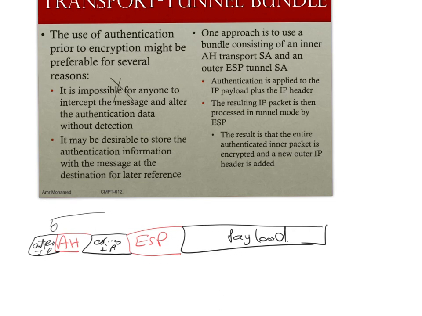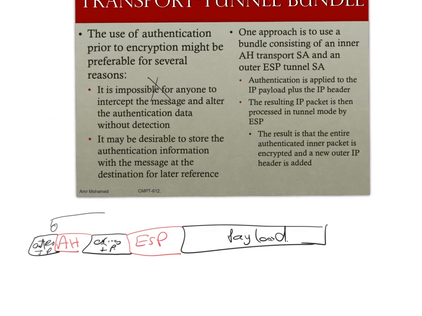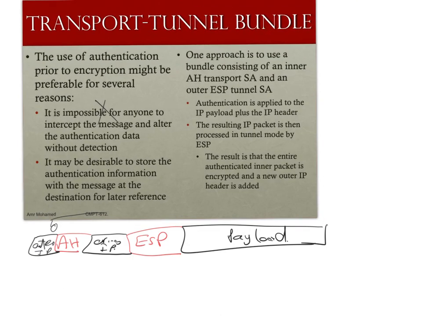So here he says that the use of authentication prior to encryption might be preferable for several reasons. It's impossible for anyone to intercept the message and alter the authentication data without detection, and that still exists even if you do it the other way around. And it may be desirable to store authentication information with the message at the destination.